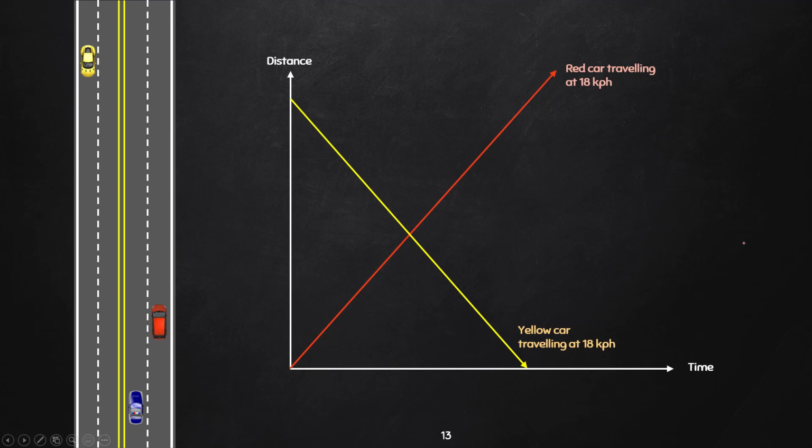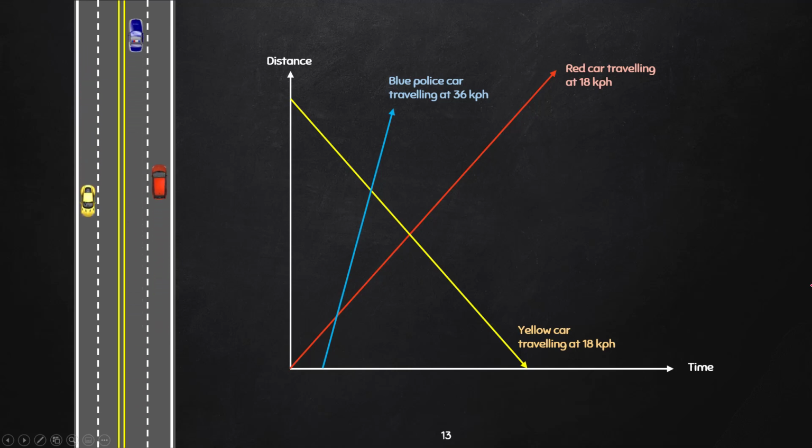Okay. And you have the police car, which travels at a higher speed, at 36 km per hour. It is represented by this steeper slope, meaning it has traversed this distance in a relatively smaller time interval as compared with the distances taken by the red and yellow space-time lines.